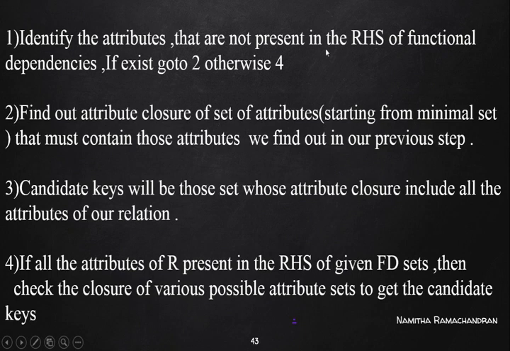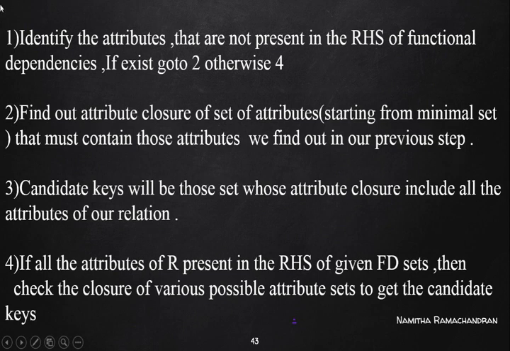The attribute set which is not present in the right hand side of our given functional dependencies. If there exists such a set of attributes, then find the closure of such attributes. For finding the closure of such attributes, start from the minimal set, then gradually grow its size. The step becomes clear with the help of some example.